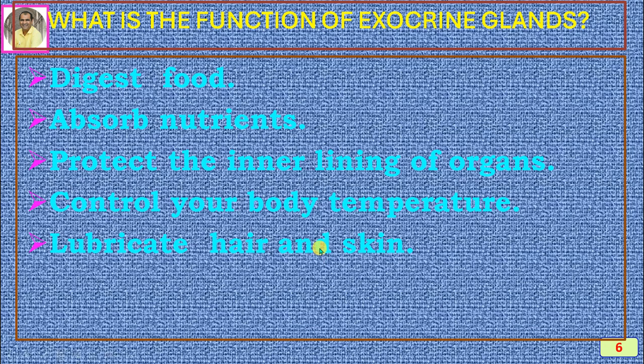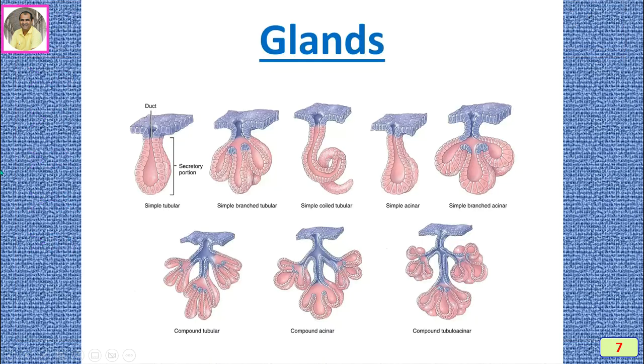Exocrine glands also control body temperature, as sweat does, and lubricate the hair and skin through sebum. Glands have several types of secretory cells, like simple tubular glands, which have a very specific duct, and the secretory portion is filled with what has to be secreted.